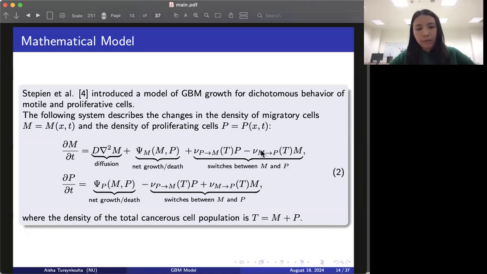The M population switches to the proliferating state, and the proliferating state switches to the migratory state. The second PDE represents the proliferating cells, which consist of the net growth-death rate and also the switches between M and P. We also define the density of the total cell population as T, which is the sum of the M and P populations.